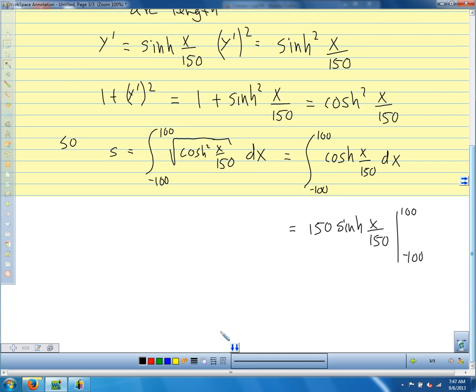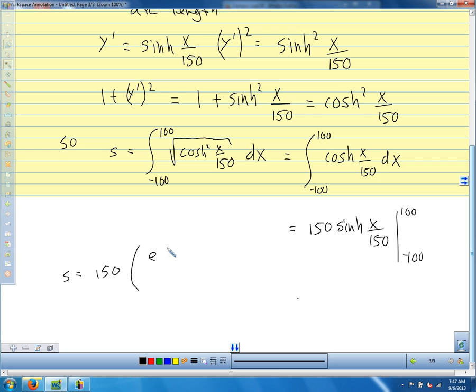So if I go back to my definition, I get that the arc length equals 150, and I'm going to write this, let me move over so I have enough room. So I'm going to go back to the exponential definition of sinh x.